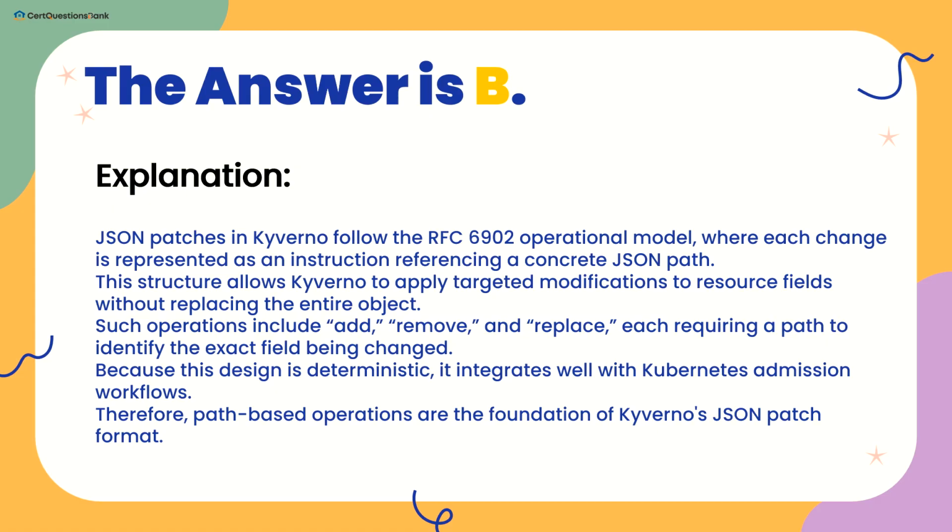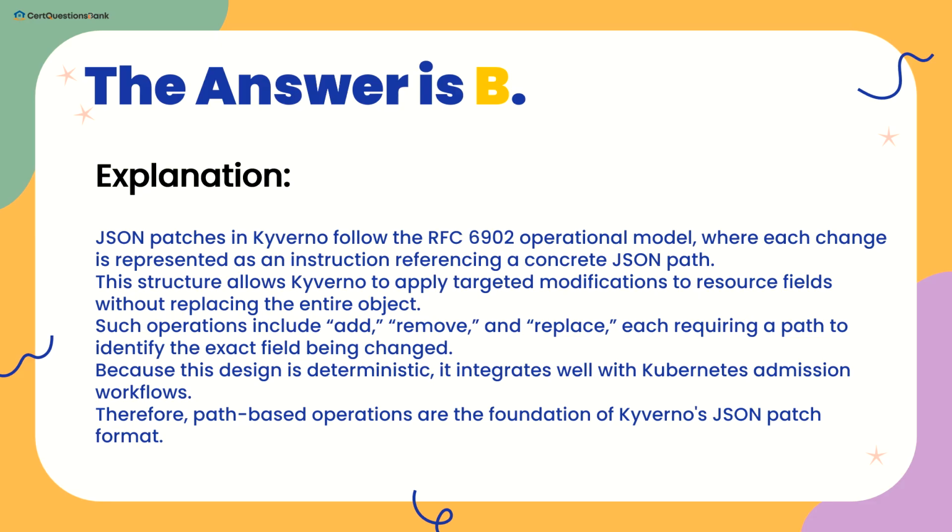JSON patches in Kyverno follow the RFC 6902 operational model, where each change is represented as an instruction referencing a concrete JSON path. This structure allows Kyverno to apply targeted modifications to resource fields without replacing the entire object.